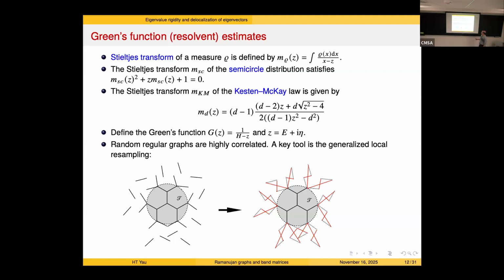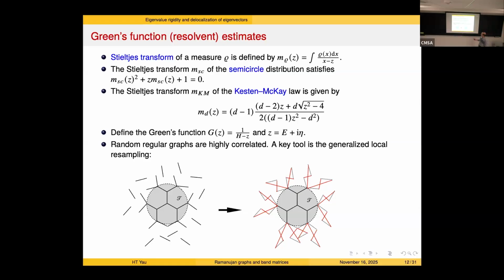The idea is the following. You look at the Green's function, 1 over H minus z, where H is a matrix, and what you want to show is that the trace of the Green's function, trace G divided by n, satisfies the self-consistency equation of the Kesten-McKay law.